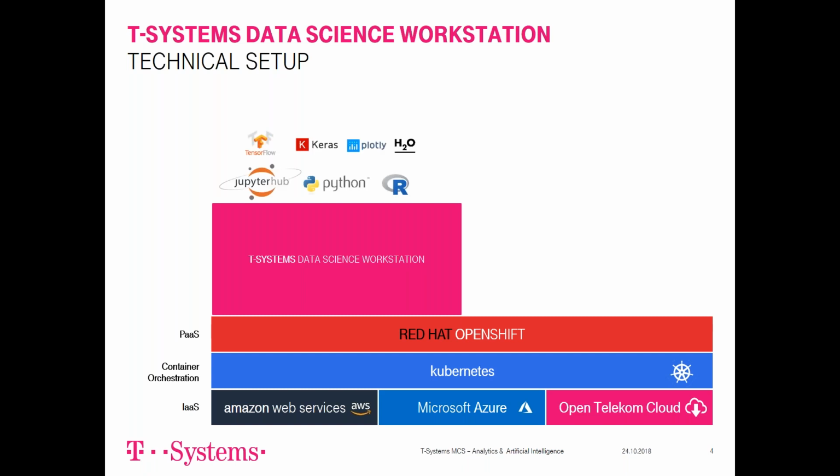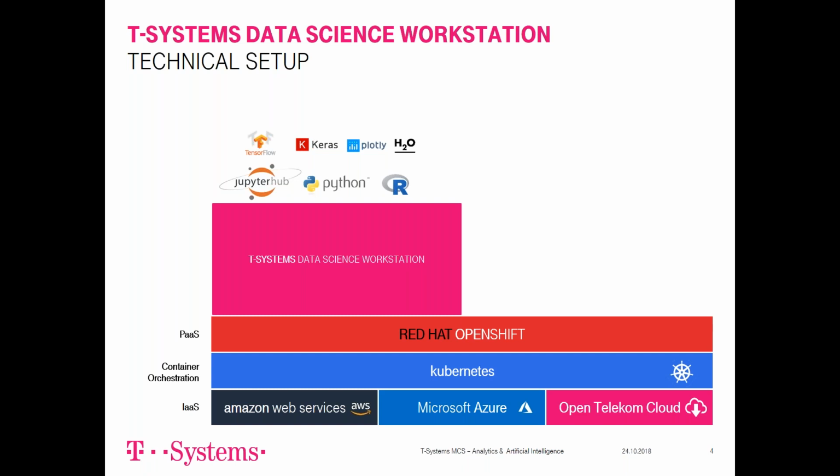It is based on JupyterHub. So you will have Jupyter notebooks, and right now we are also working on implementing JupyterLab, which is just the next generation of Jupyter notebooks. You can Google it. It just looks very fancy. It has some more features. It's very nice to work with.